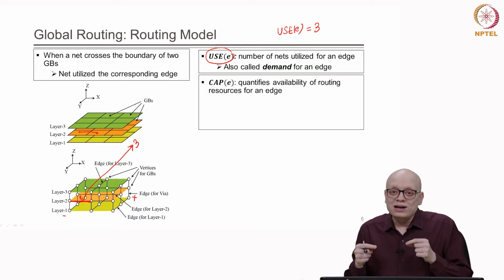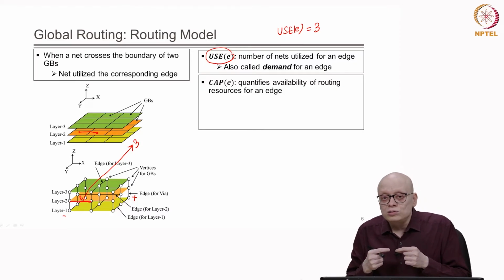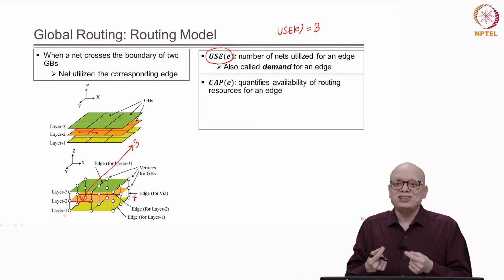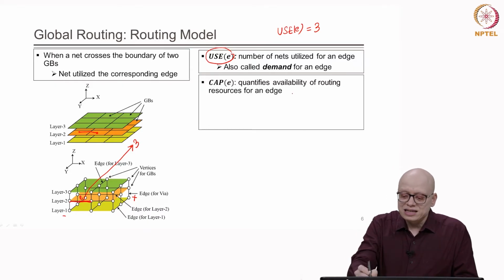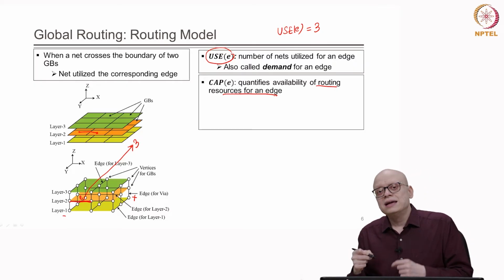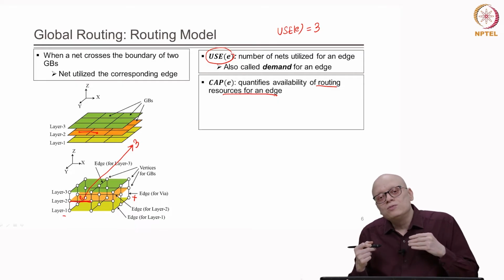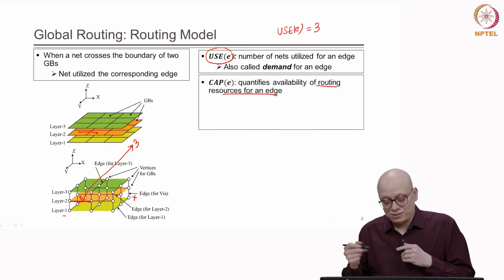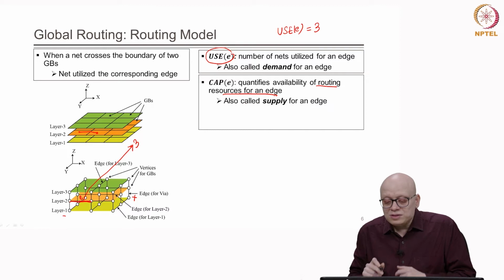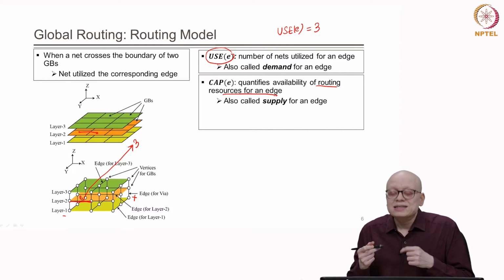Therefore, while doing global routing, the router should also understand the capacity of the edge. Capacity quantifies the availability of routing resources for an edge. It relates to how many tracks are available for routing by the detailed router. This capacity is also called supply.